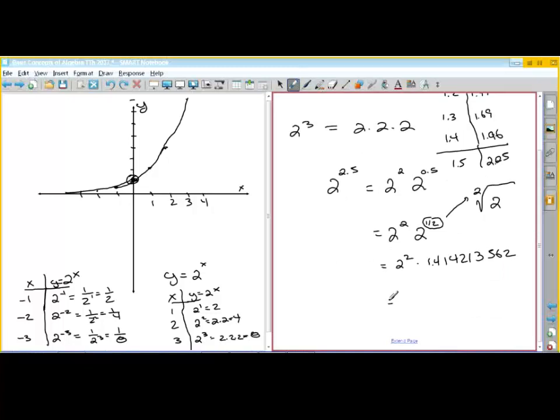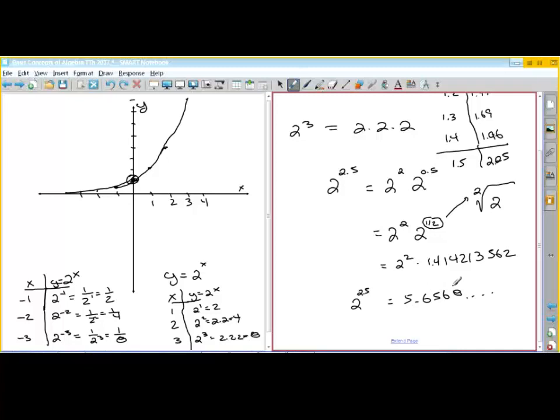And so at that point, I can just multiply everything out again. So I take 2 times 2 times 1.41421356, and I get 5.6568, etc. So 2 to the 2.5 power is this. So it's doable.